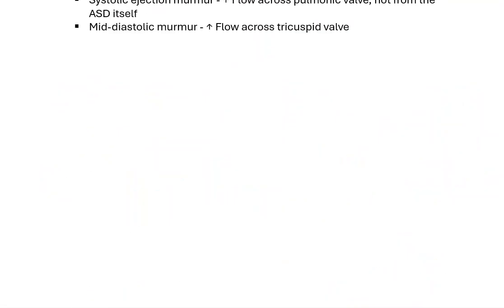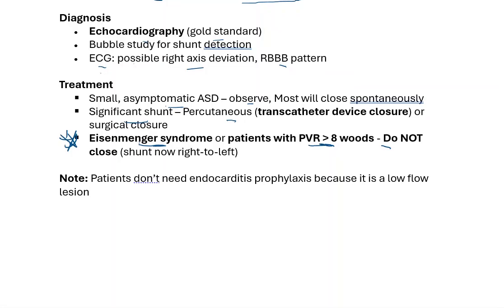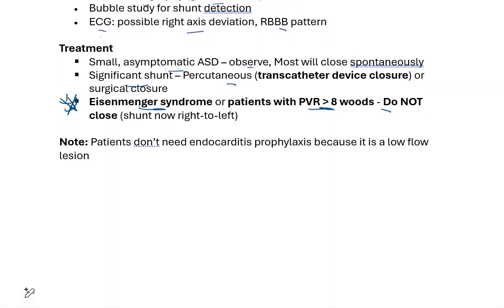And it's important: once they develop Eisenmenger syndrome, or if their pulmonary vascular resistance is more than 8 Wood units, do not close it, right? Patients with ASD don't need endocarditis prophylaxis, right? So please don't forget that, because they are a low flow lesion.